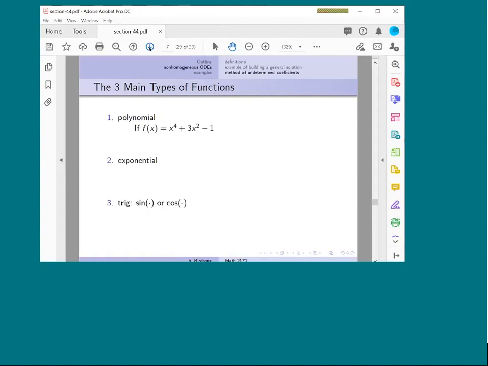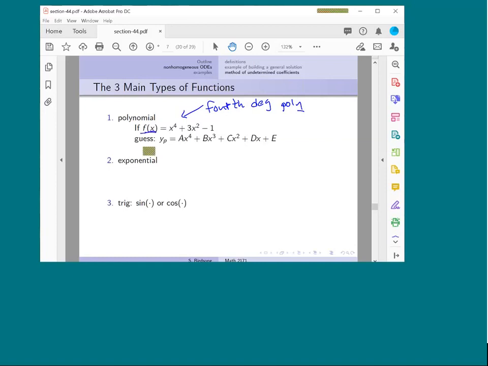Now, if you wanted to get your guess, here's the thing. Your guess for your particular solution needs to match that same format. So what's the key thing in the format here? Your key thing in your format is the fact that this is a fourth degree polynomial. Now, there's no guarantee that your guess for your particular solution is going to have the exact same coefficients as the fourth degree polynomial for your non-homogeneous part, the f function right here.